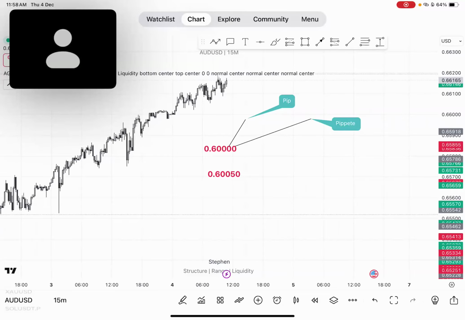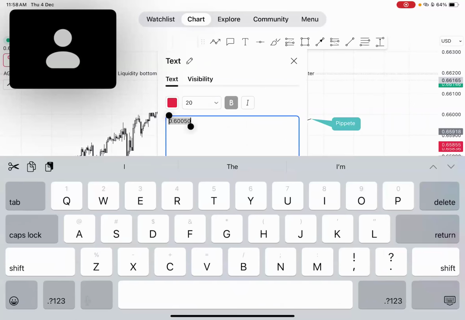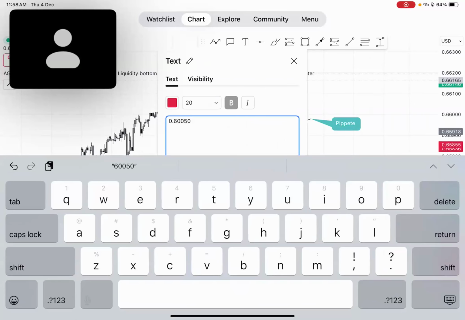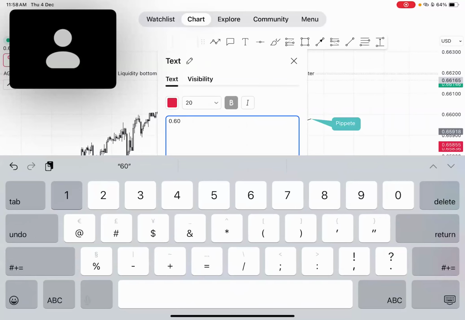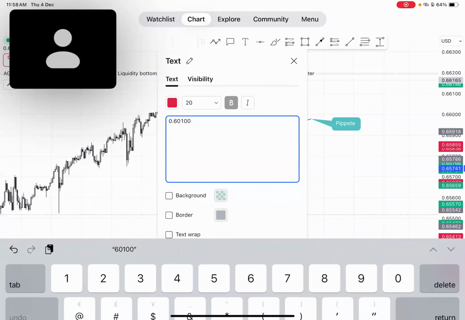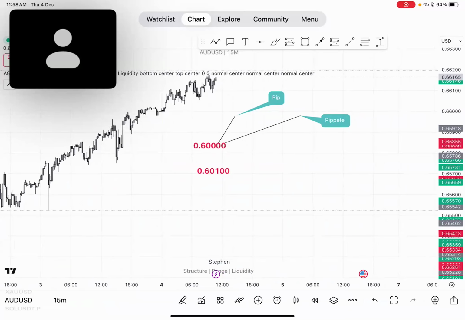So if this is 0.6000 and it changes to this, I want to see if you will understand now. How many pips is this? That's it. It's quite simple. It's 10 pips. Some people will start saying it's 100 pips.